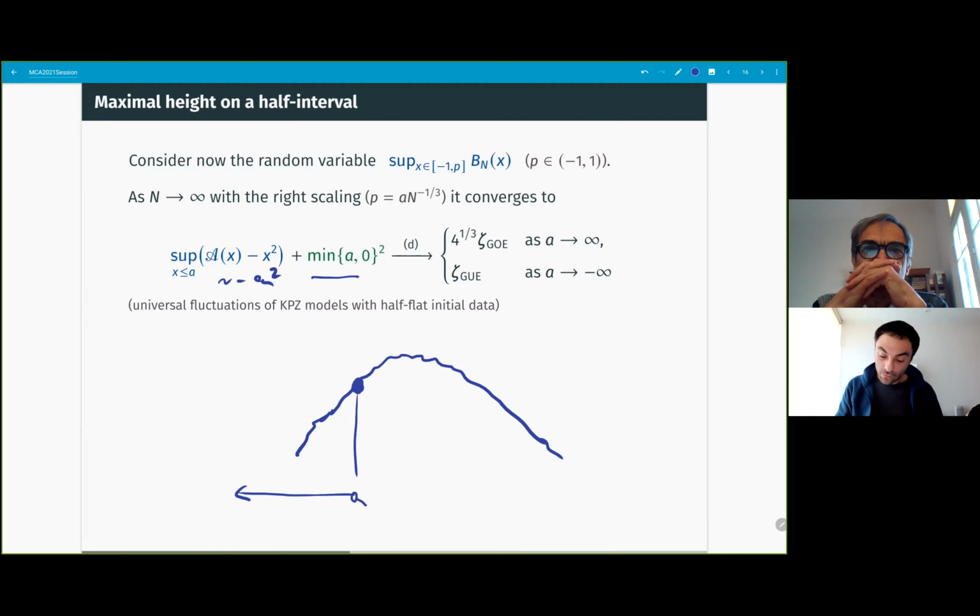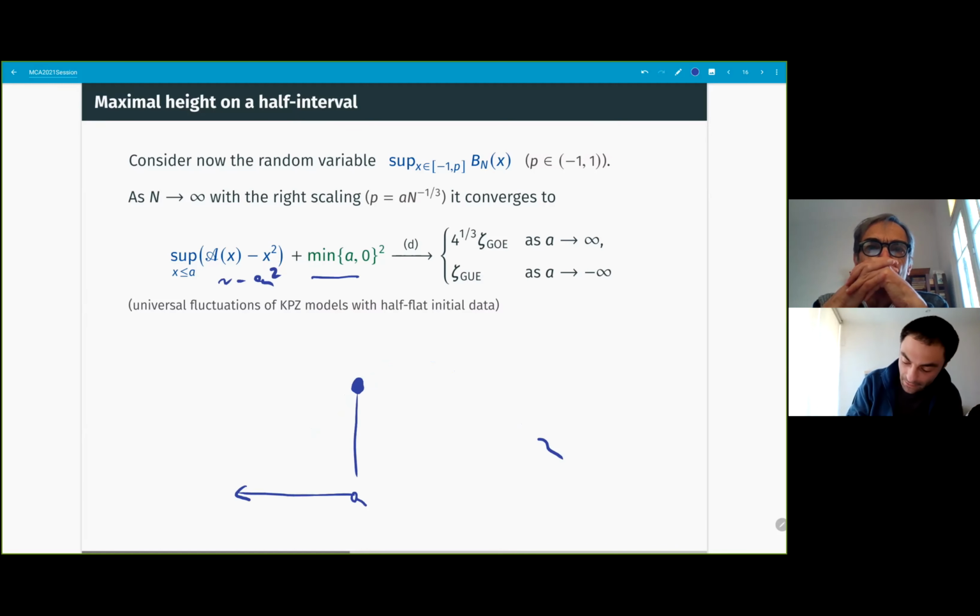And if you compute this limit as a goes to minus infinity, the supremum only sees this Airy part, because you can't go very far to the left because of this parabolic term.